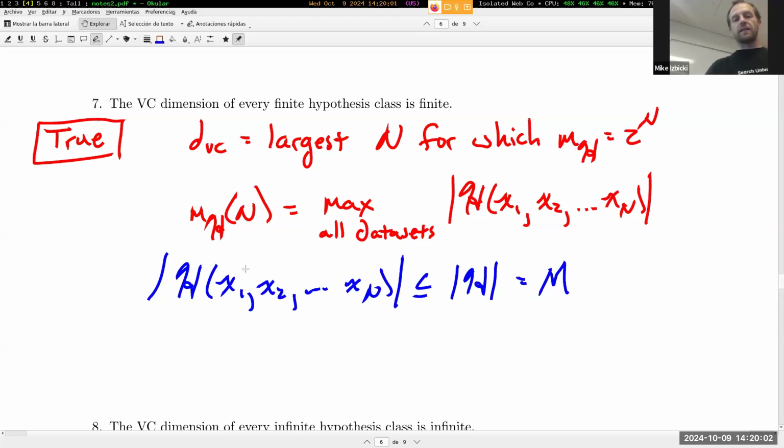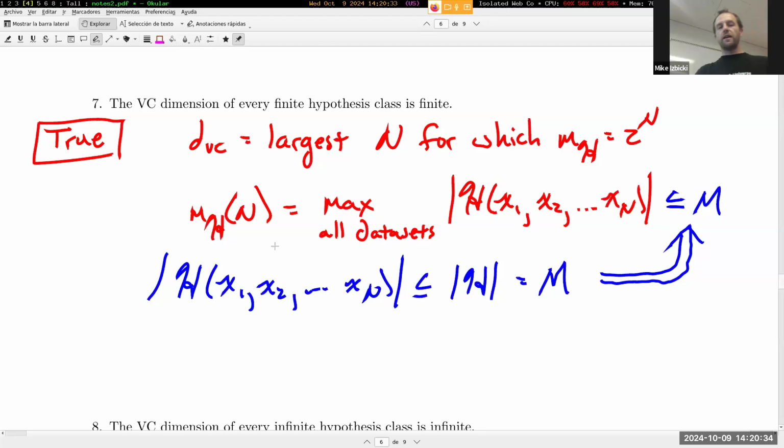So m is in fact a bound on the total number of dichotomies that we're going to have. And since every one of those dichotomies, no matter the data set, is bounded by m, we have that the definition of our m sub h of n is less than or equal to m. The stuff in blue is all related: this line is what implies this condition up here.